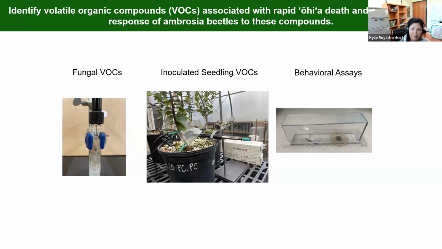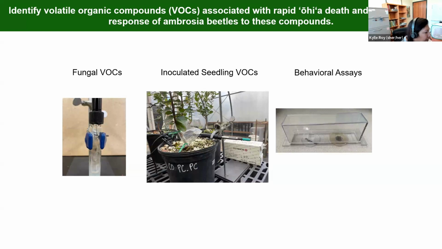You just expose it to the fungal culture, and then the volatiles, or compounds, get bound onto this tiny fiber, and you analyze that fiber by gas chromatography and mass spectrometry, or GCMS.